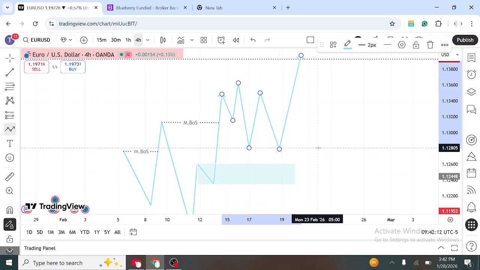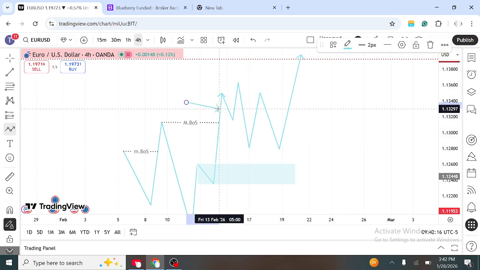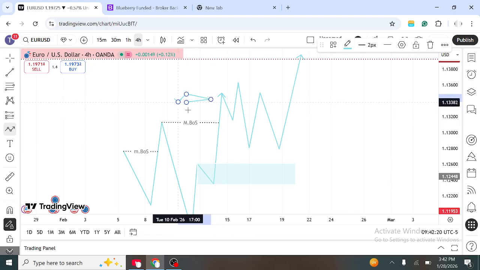Okay, so the characteristic of this strategy is that there must be an inducement here that the double bottom must take out.